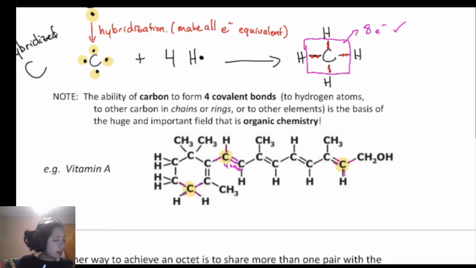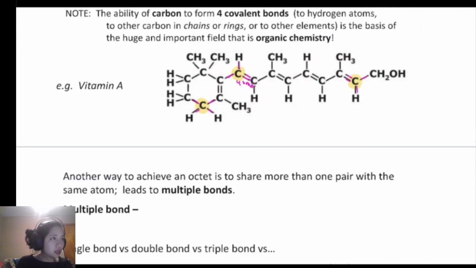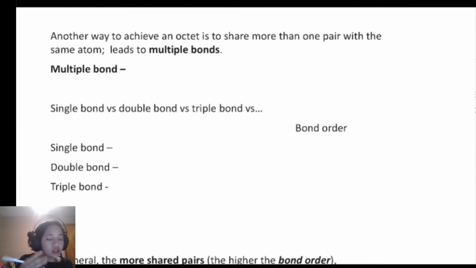All right, so vitamin A has double bonds in it. And so this is a different way we can achieve an octet. In our bromine example, one bromine atom has 7 electrons, so it only needs to share one electron. But let's say we had an element that had a deficiency of 2 electrons. It needs to share 2 electrons.